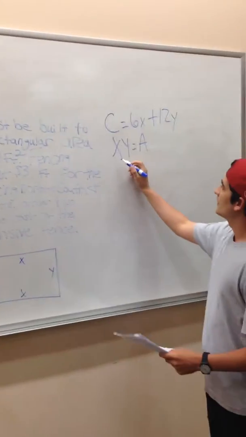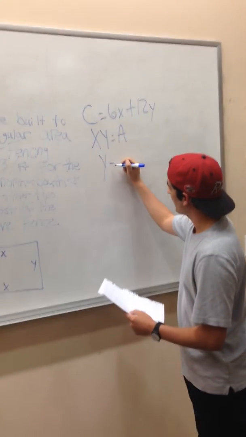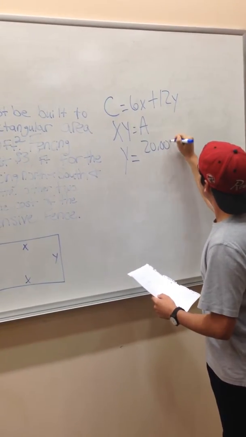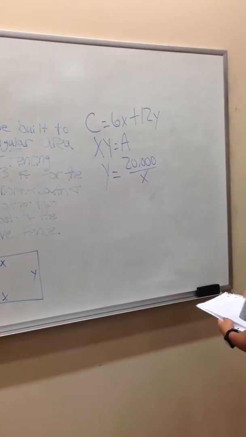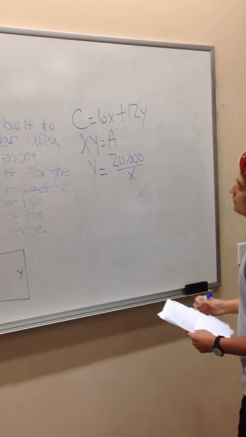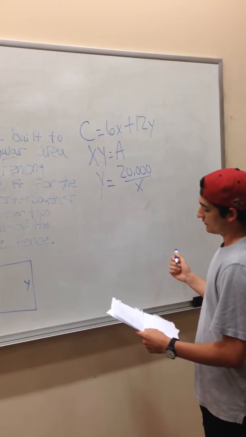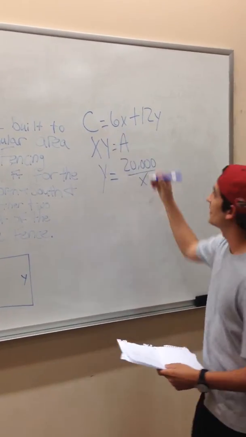Now, when we split the x and the y, we're going to start out with y equals 20,000 over x. Next, we need to take y out of C so we can find x.